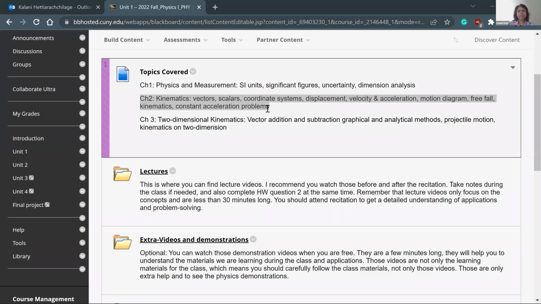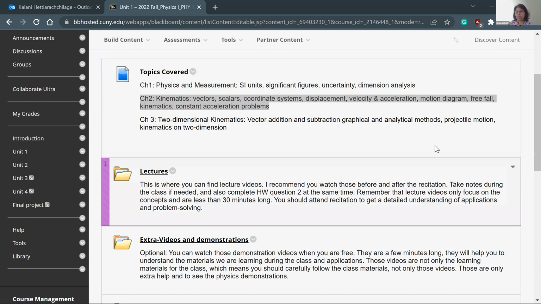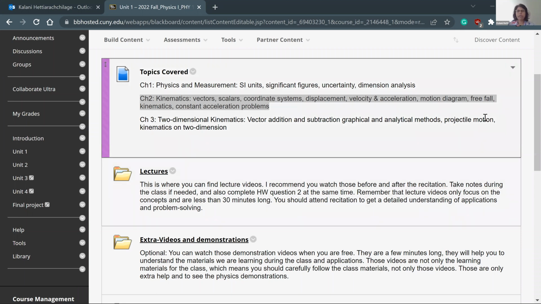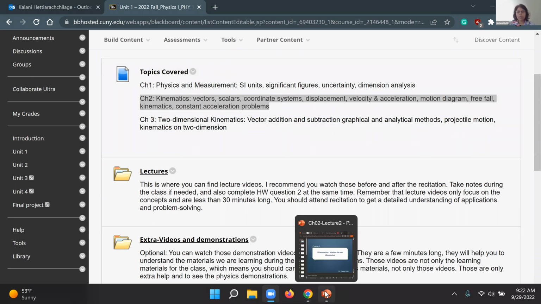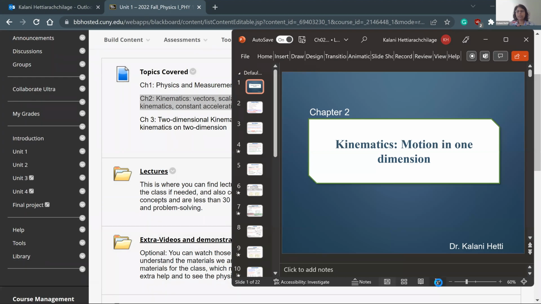Okay, so let me share the screen first. As I mentioned, it will be your Chapter 2 materials that we're going to cover, and there is a lot of information inside this chapter, but we're going to discuss all the information briefly. Okay, so now let's move into the presentation.